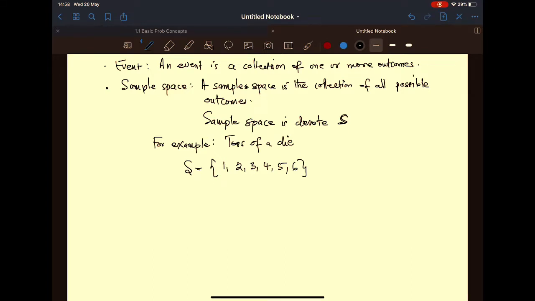For the case of a coin toss, we have heads and tails forming the sample space. So for our coin toss, we have the sample space to be head and what? Tail. So that defines the sample space.